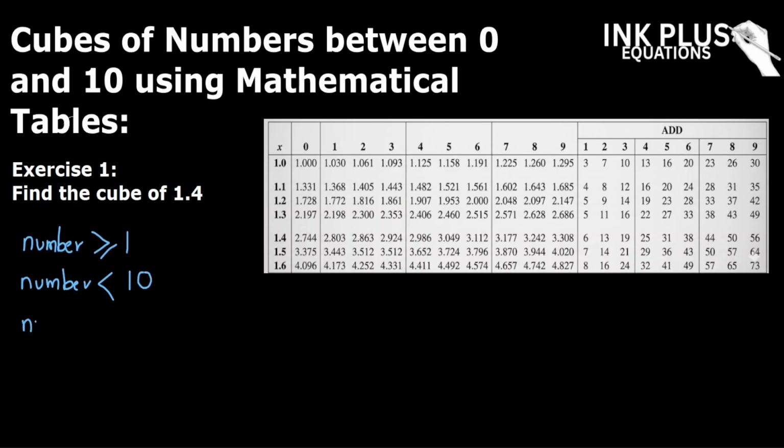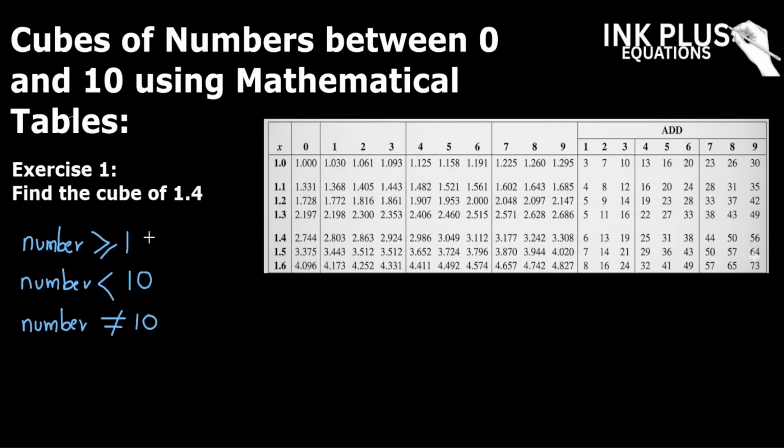But the number cannot be 10. So the number can be 9.9, 9.7, 9.99999, but the number cannot be 10. The number can be 1, 1.2, 1.7, 3.6, 3.5, 9.9, but it cannot be 10, and it cannot be more than 10. So 1.4.